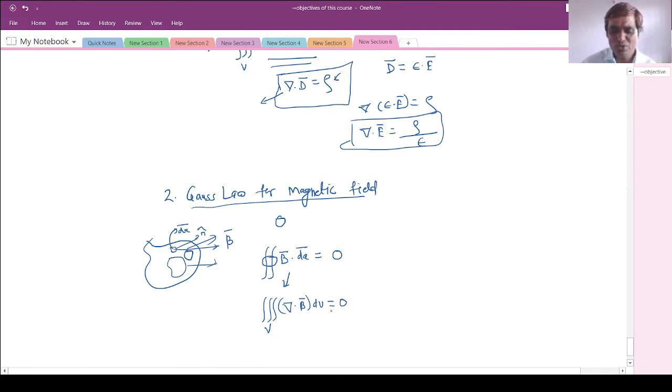And if it is true for any arbitrary volume, identically true for any kind of arbitrary volume, it means the dot product of the gradient with the magnetic flux density will always be equal to 0. It means the net amount of magnetic flux coming out from the surface will always be equal to 0. So the divergence of the magnetic field is equal to 0. This is basically the second law for the magnetic field.